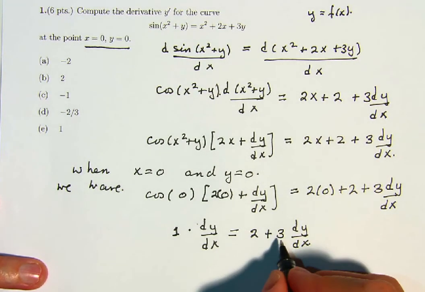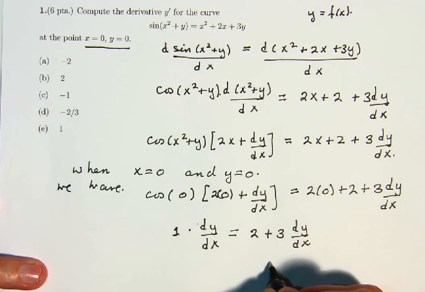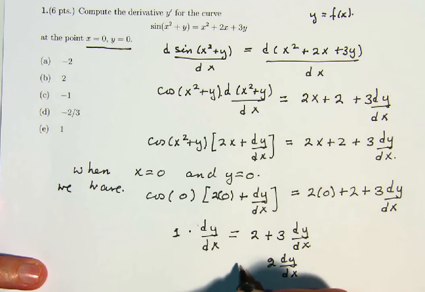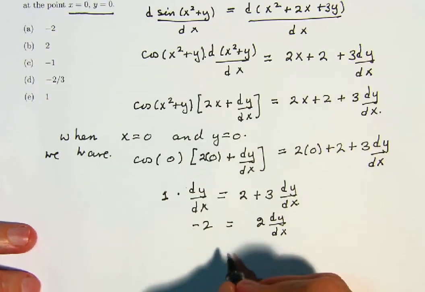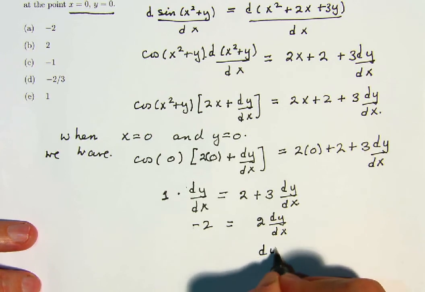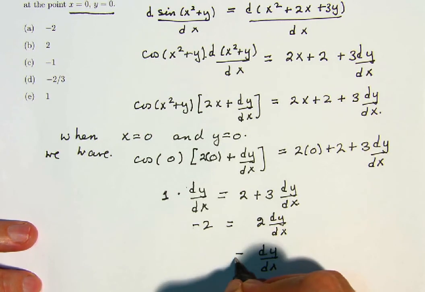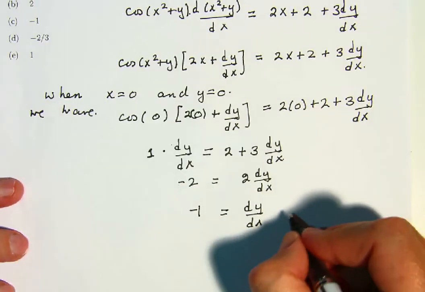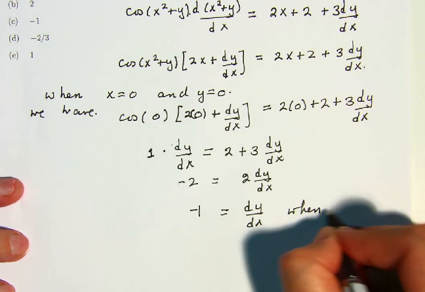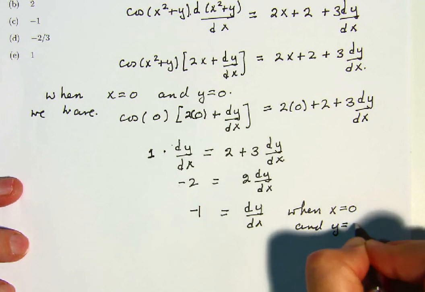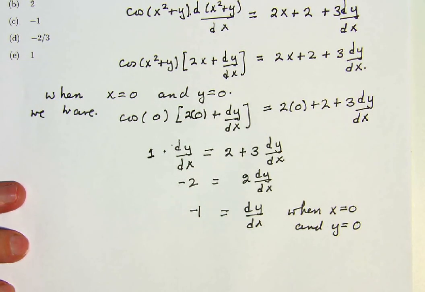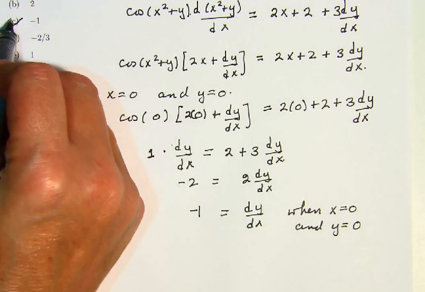We have on the right hand side 3 minus 1, which is 2 times dy dx, is equal to minus 2 on the left hand side, and we get dy dx equals minus 1 when x equals 0 and y equals 0. So of course the answer here is minus 1.